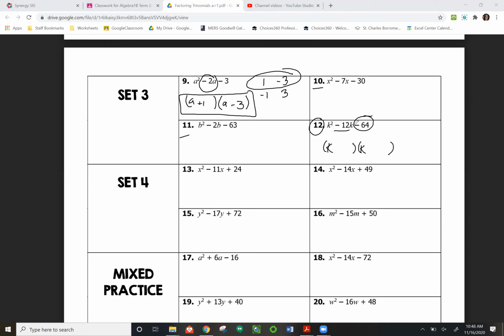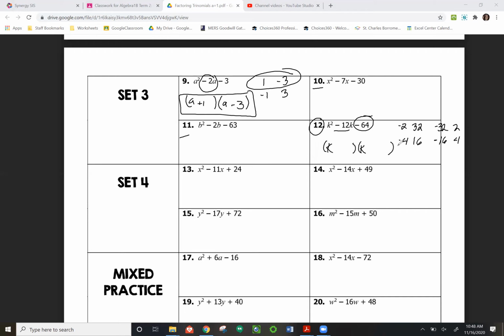Okay, negative 64. I know -2 times 32, and similarly -32 times 2. I also know -4 times 16 and -16 times 4.